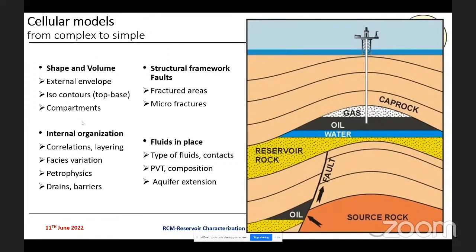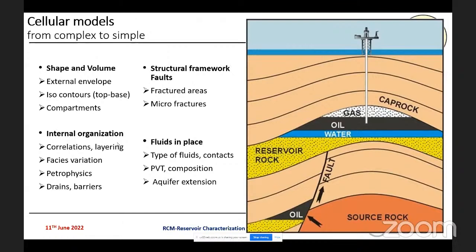And also the second component is the internal organization. The internal organization is how the elements inside are related to each other, such as stratigraphic architectures. We said that can be identified by correlation when we put the wells.